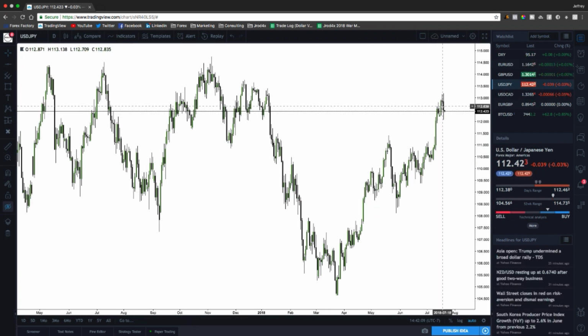Dollar yen has traded below this ICT bullish order block here and formed a low. So we could probably expect some weakness on dollar yen now, trade back into this ICT bullish order block at the 111.15 level. That could be a pretty nice trade for next week. Looking at these other pairs, this kind of looks like it's forming a top.